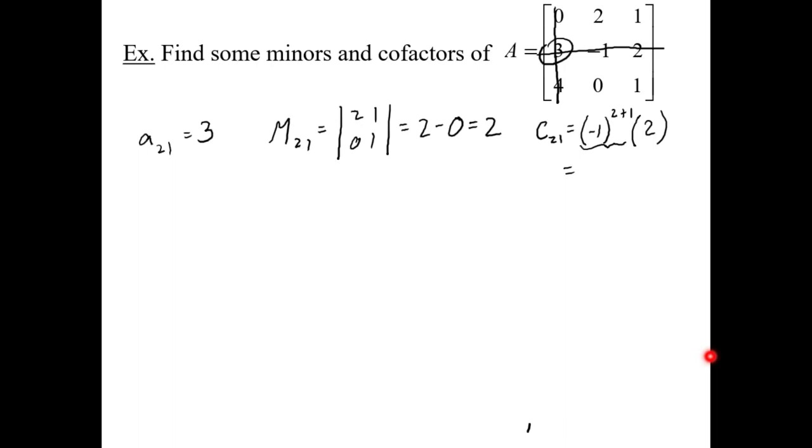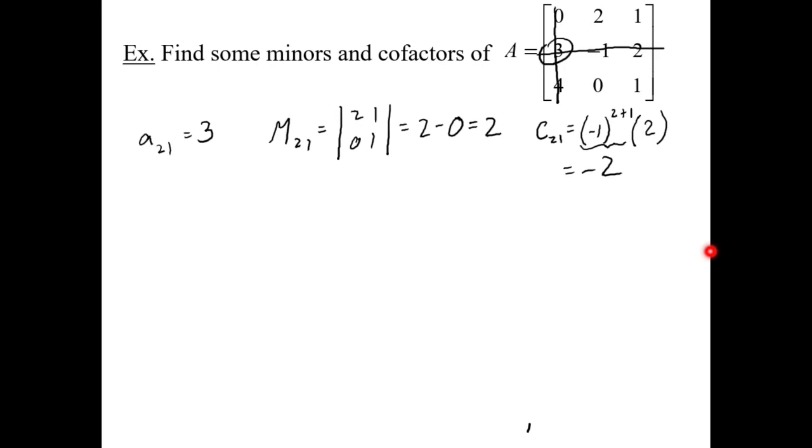In this case, it's negative 1 raised to an odd power. It's raised to the third power, which means that my cofactor is going to be negative 1 times 2, or negative 2. So notice that the minor is the opposite of the cofactor. If that negative 1 was raised to an even power, then the minor would be the same as the cofactor. They would be equal to each other.